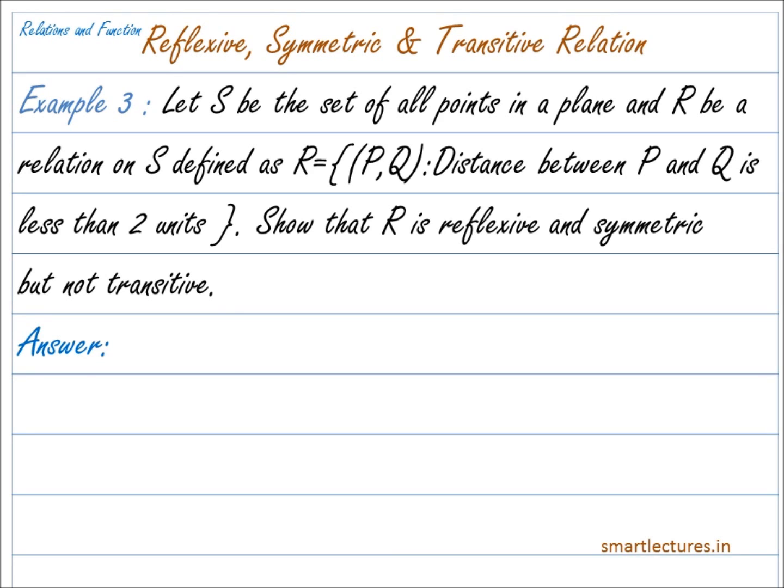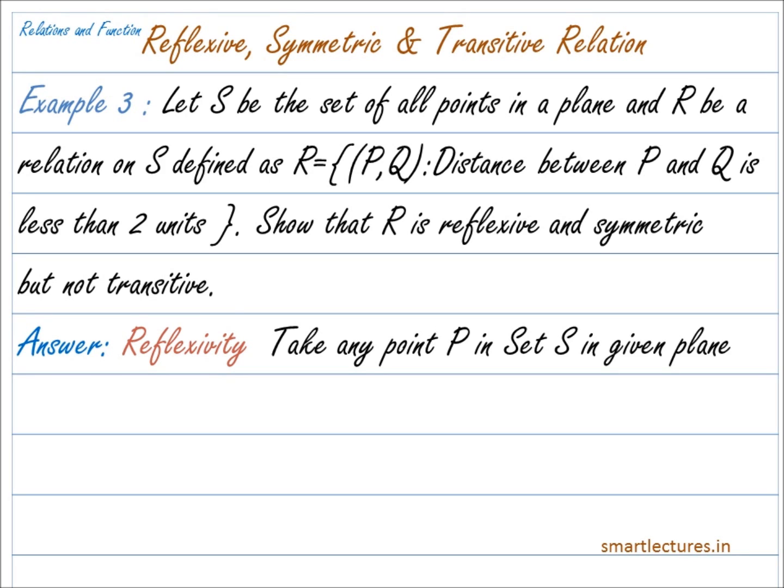Now let's first check it for reflexivity. Take any point P in set S in the given plane. Now we can see that the distance between P and P is 0.